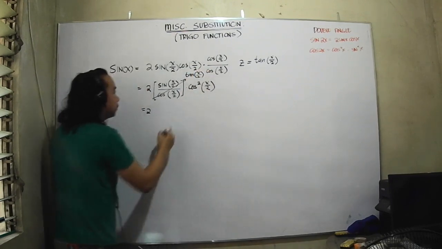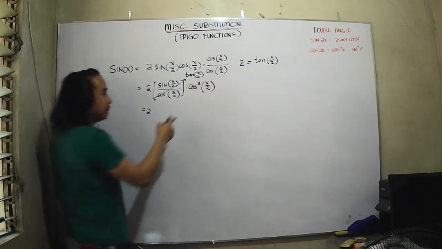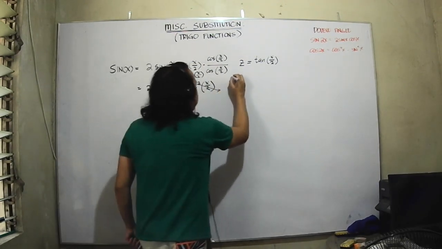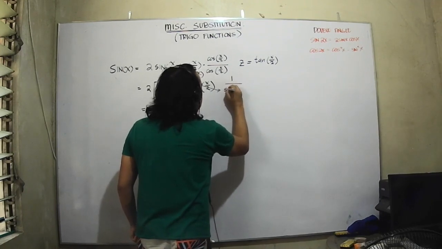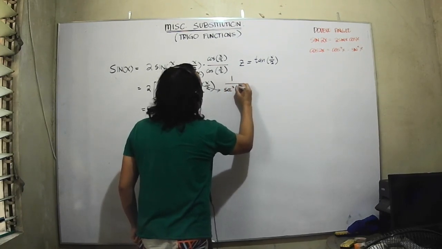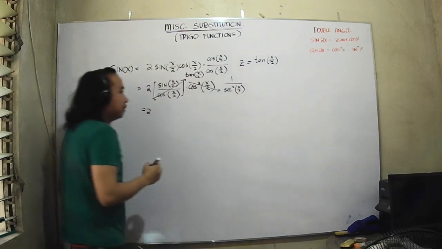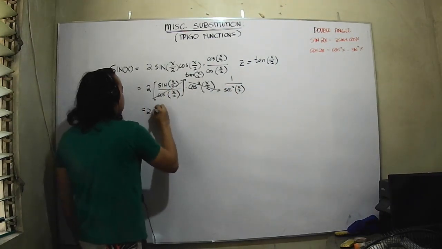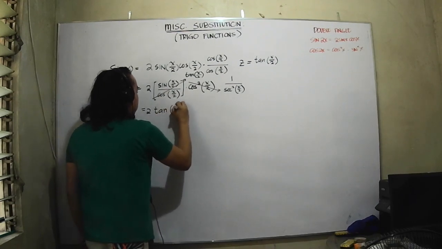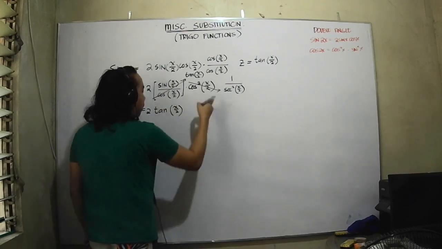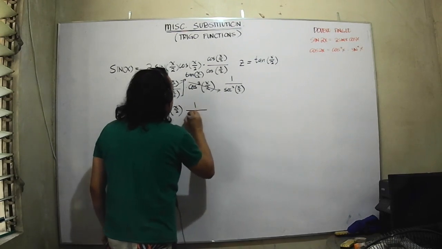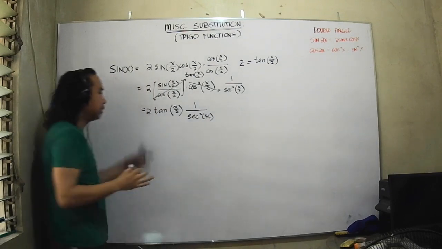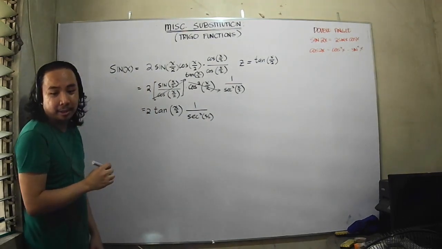And cosine squared effectively becomes 1 over secant squared x over 2. So I'll write it as 2 times tangent x over 2 multiplied by 1 over secant squared x over 2. This is our expression so far.